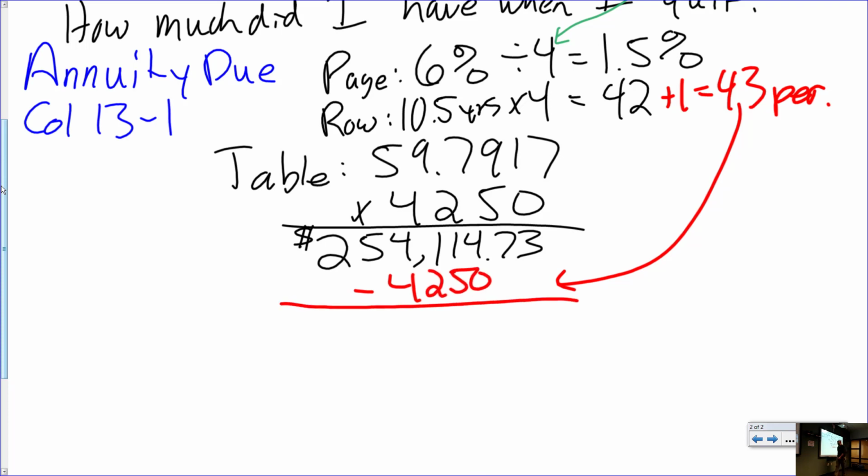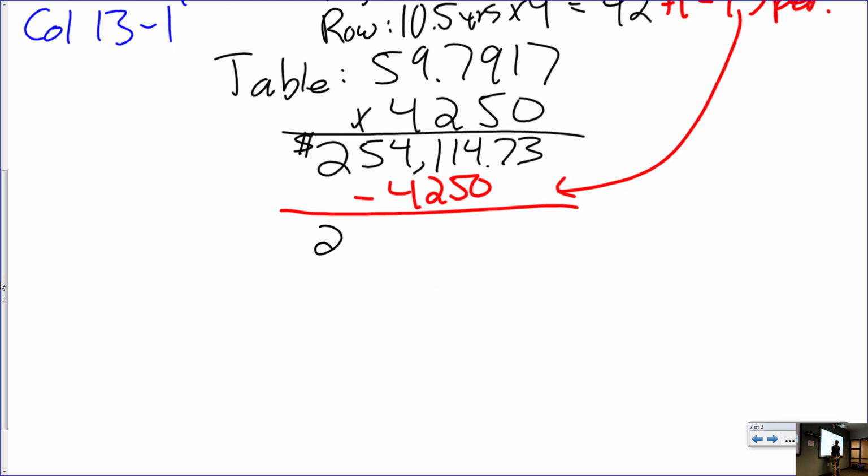Subtract 1 investment from the end to get me back, so only investing 42 times instead of that fake 43. So 249,864.73. Yeah. So I was just a hair shade of $250,000 in my Epic 401k when I finally quit working there.